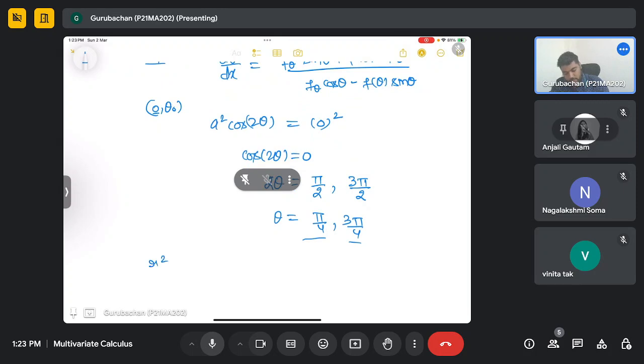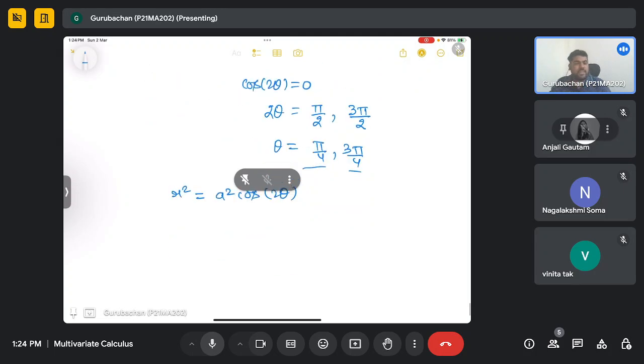And the rest we can check, where our polar curve we do not need to draw. Since it is given that r square is equal to a square cos 2 theta, we will take the benefit of this r square. We know that r square is always greater than or equal to 0. Therefore, we can conclude that this cannot be negative.